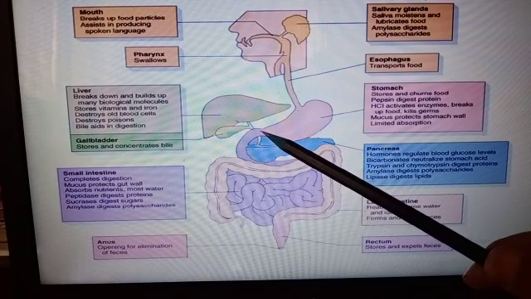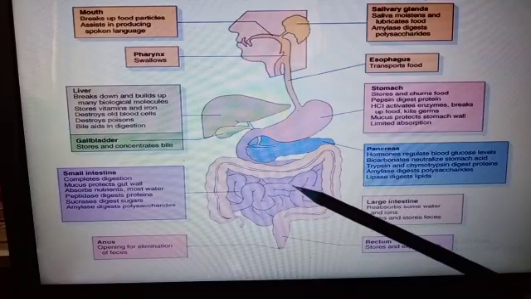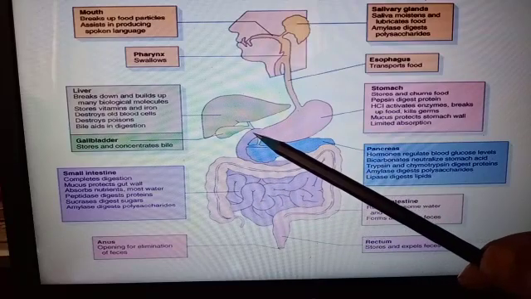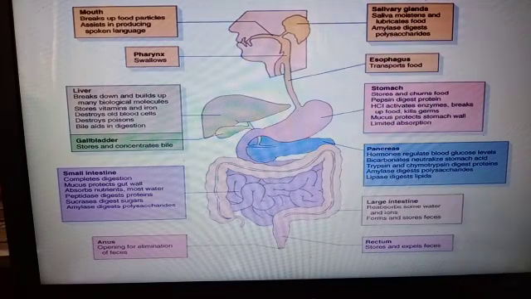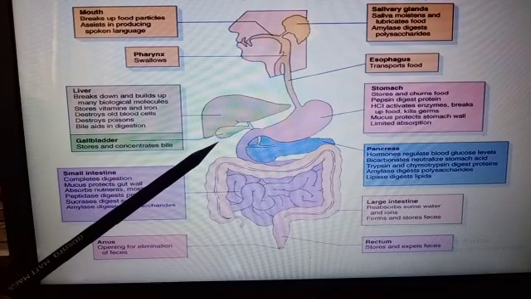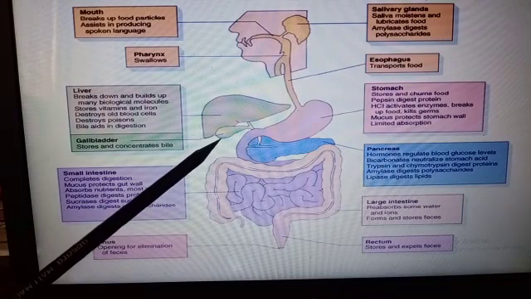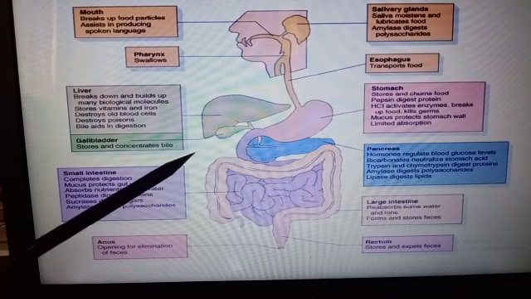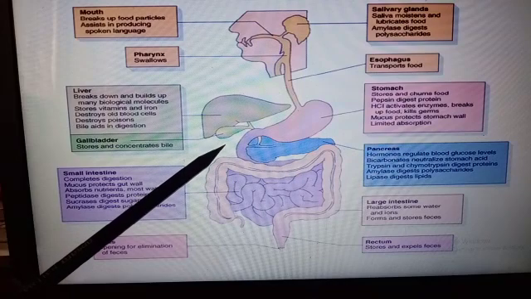As you can see the purple color, they are going from the back of it, and you can see the small intestine over here. When this food is coming to the small intestine, you can see there is a green color where this organ is, which is called the gallbladder. Now the gallbladder secretes bile, which is very important for the digestion of food.